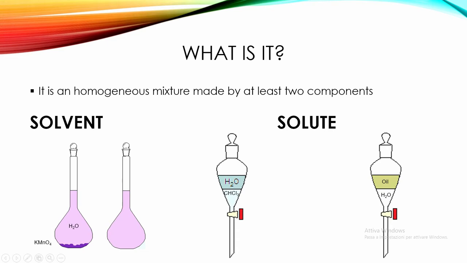So let's see what is a true solution. A true solution would be, for example, even a solution we have seen before, so a solution with water and potassium permanganate. This can be a true solution. The only thing is that we don't have to put an excess of potassium permanganate. This solution is made by water and potassium permanganate, and they are well dissolved together, well mixed together.